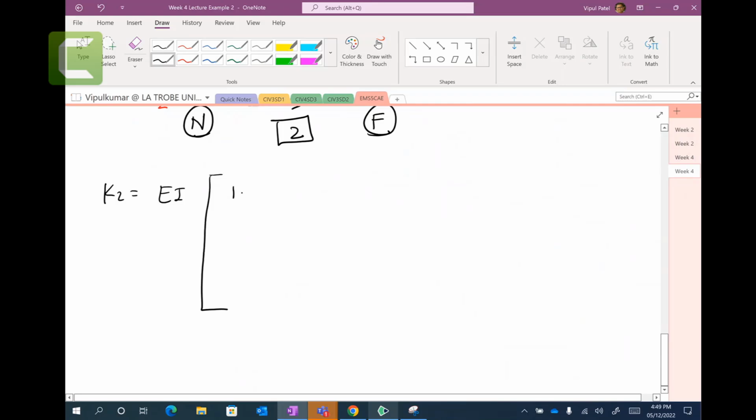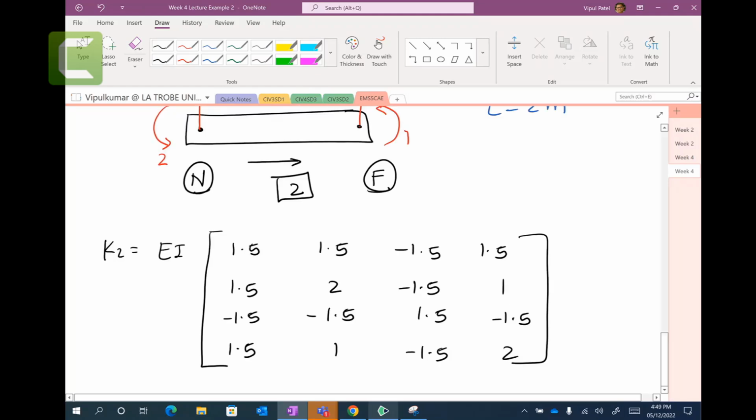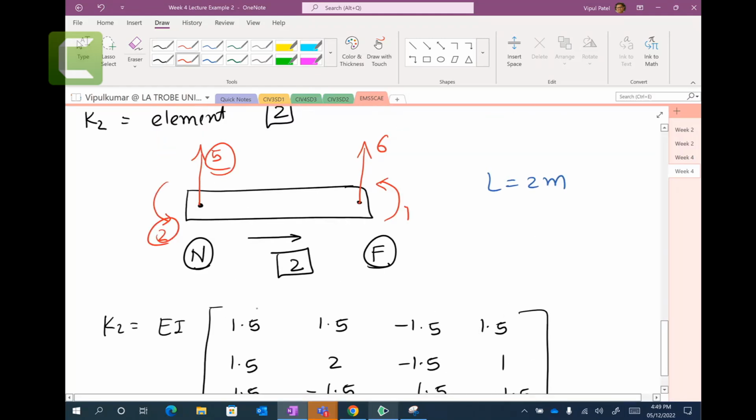Like last time we did it, right? 1.5, 1.5, 1.5, 2, minus 1.5, 1, minus 1.5, 1.5, minus 1.5, minus 1.5, 1.5, 1, minus 1.5, 2.